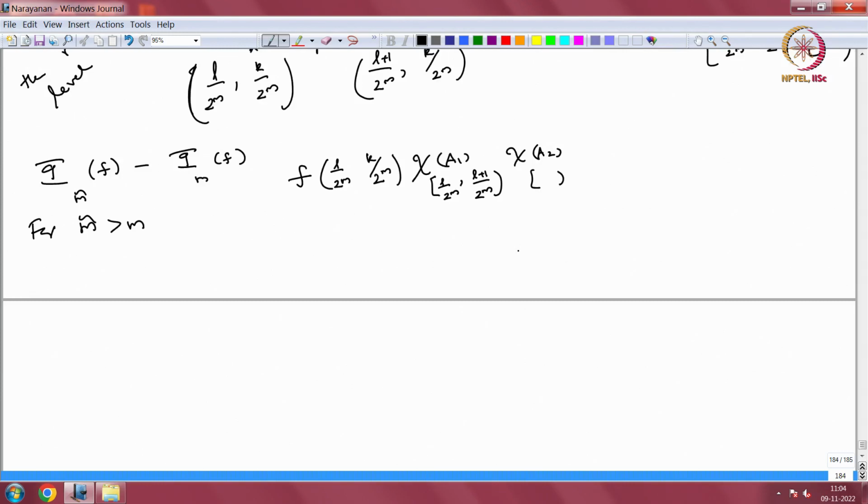For m tilde, this particular square gets divided further, right. So, this becomes a summation further of f of, well, I will use L and k again, or let us write s and t. So, s by 2 to the m tilde, t by 2 to the m tilde, and chi of s by 2 to the m tilde, s plus 1 by 2 to the m tilde, a 1, and similarly appropriate intervals.